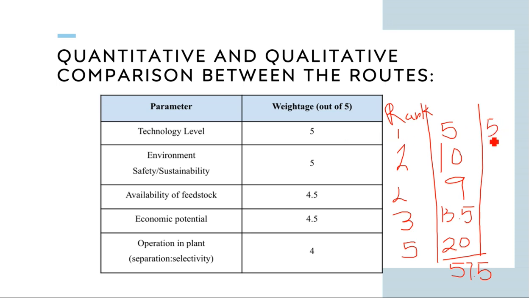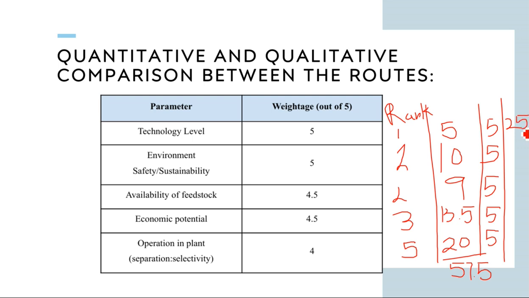Now let's say the maximum rank for a method will be 5 for every parameter, because the maximum rank is out of 5. So the weighted sum will be 5 into 5, which is 25.